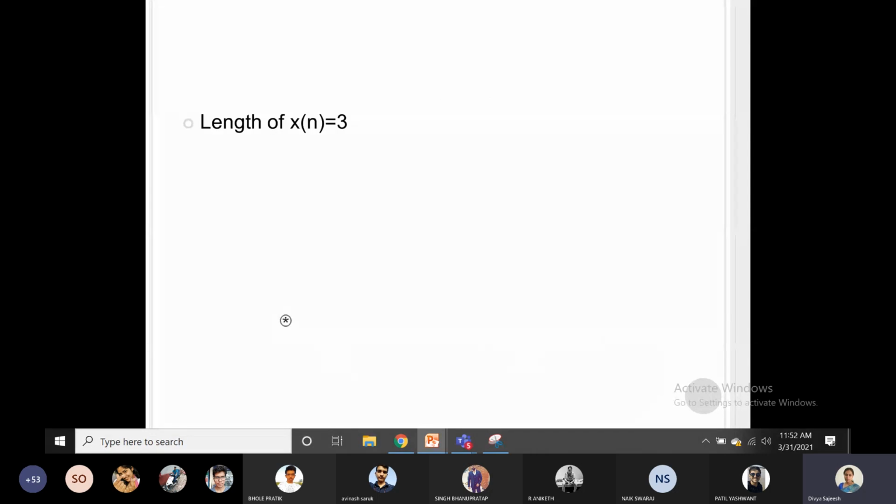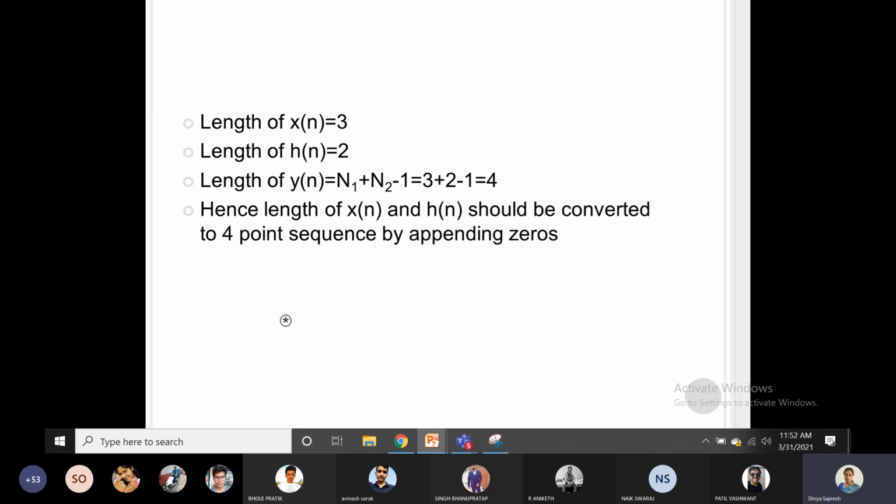The length of x of n is 3, the length of h of n is 2, and the length of y of n is 4. So I now need to increase the length of x of n and h of n by appending zeros.